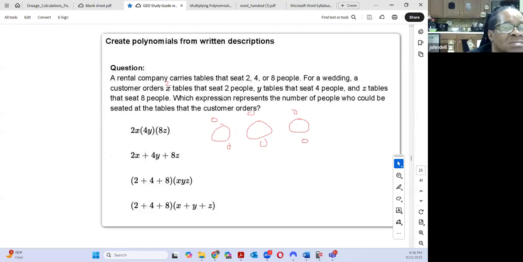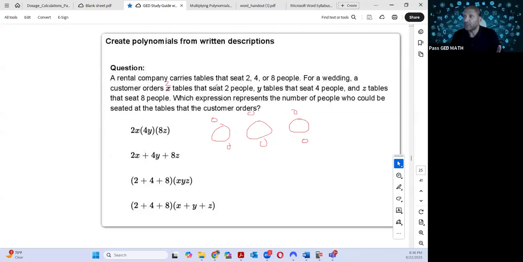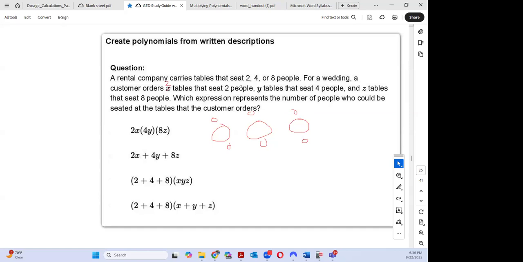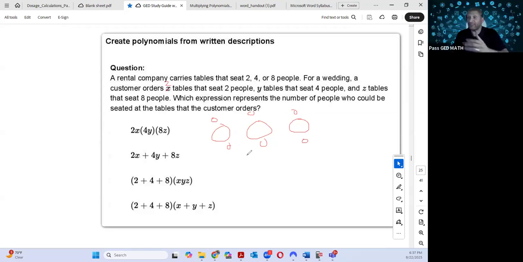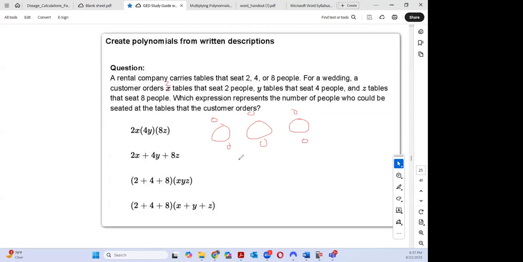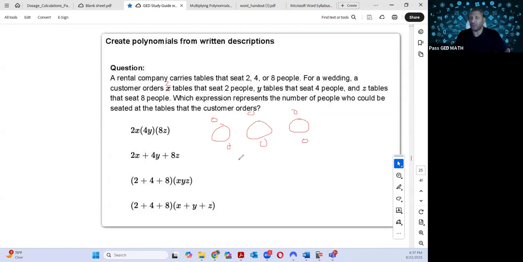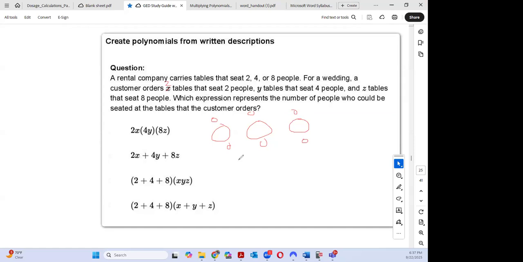What operation is that? Multiplication. So how do I write 2 times x? 2x. Multiplication right next to each other.